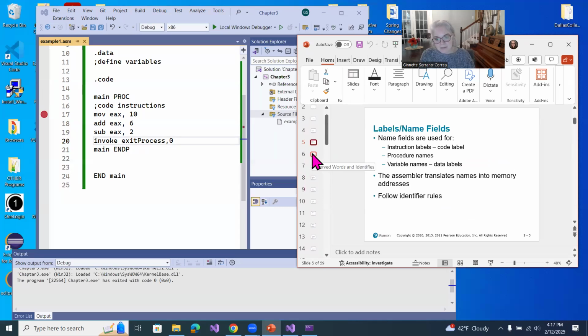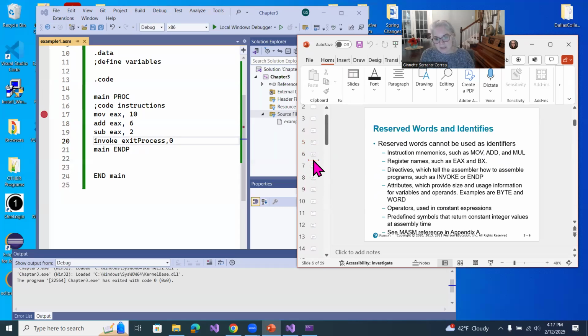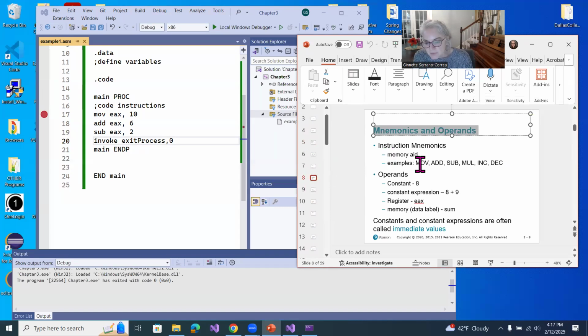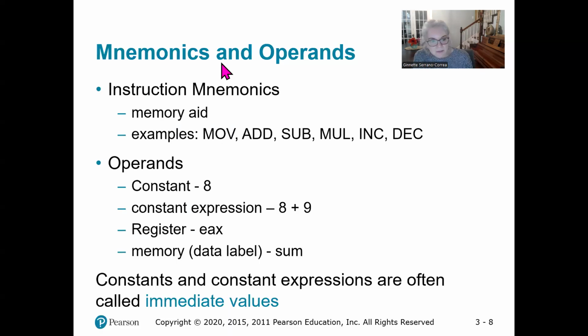Okay, so I'm going to go back to the top where we left off. We were looking at how to define these. These are all the different rules. So the next thing that it talks about is the different mnemonics and operands. So here's some examples of some mnemonics: move, add, subtract, multiply, increment, and decrement. We have operands for these.